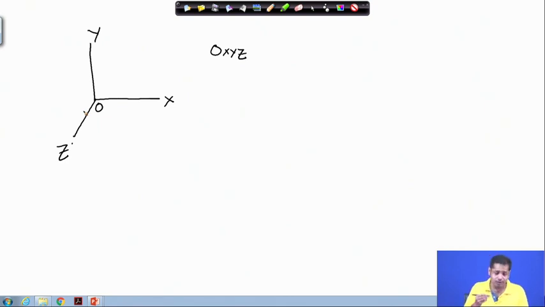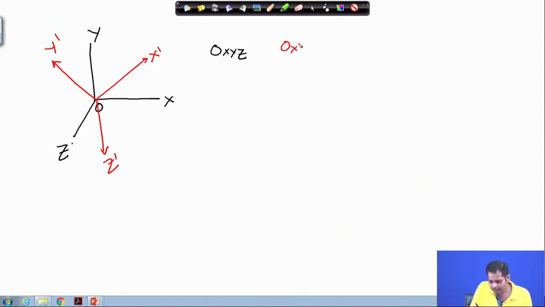And then if you have another coordinate axis, for instance here itself, this is say x dash, this is y dash, and this is z dash, which is written as O, x dash, y dash, z dash.